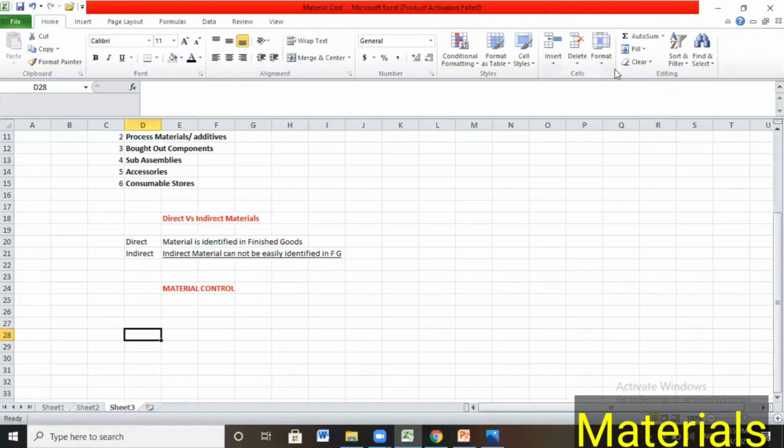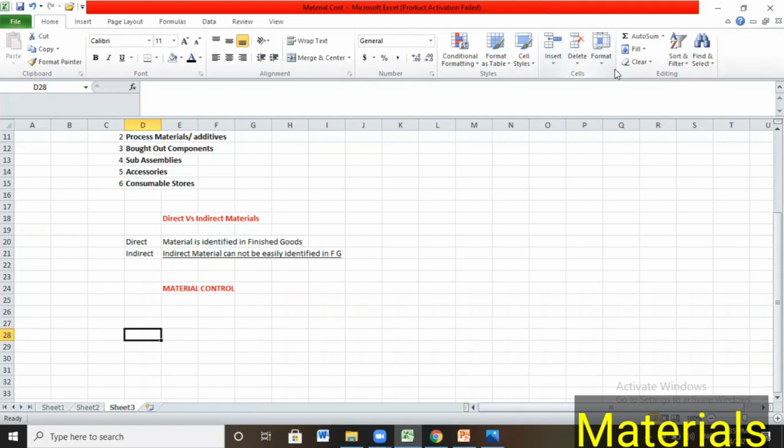The next major concept is material control. Material control is defined by ICMA as the function of ensuring that sufficient stocks are retained in stock to meet all requirements without carrying unnecessary stock.